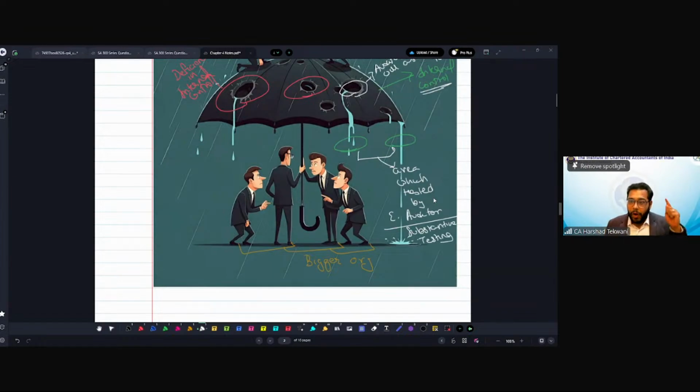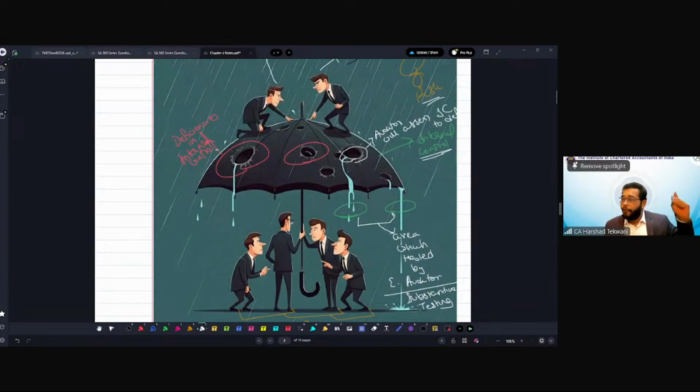We need to understand as an auditor from where the water is coming, where the water is falling, which are the areas where there is a hole in the umbrella. For the areas where there is no hole in the umbrella, the proper area, I'm fine. I am not required to do substantive testing on that particular side. For example, if I divide this particular umbrella on the left hand side, on this particular part you have only one or two holes, but on this particular part you have major holes. The reason is that in some areas you might have one or two deficiencies in the internal control.